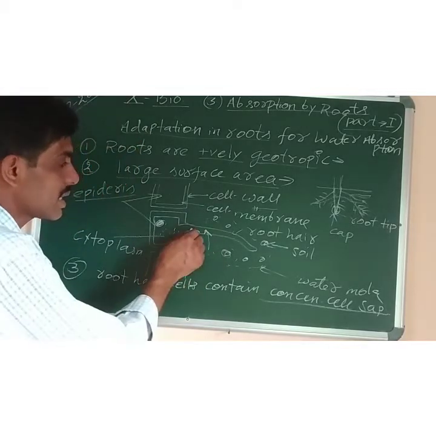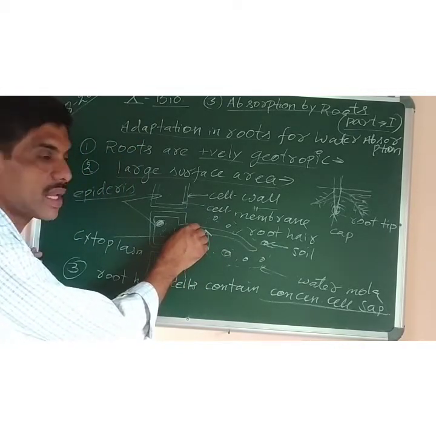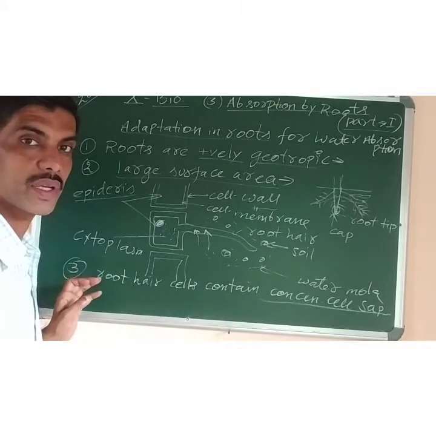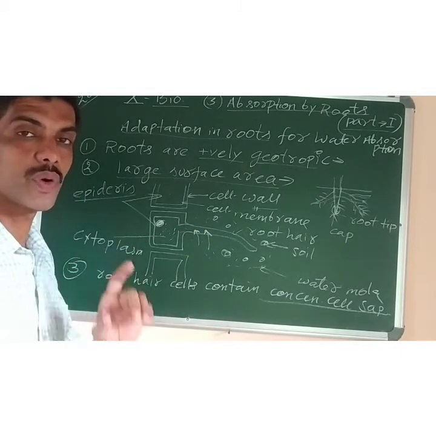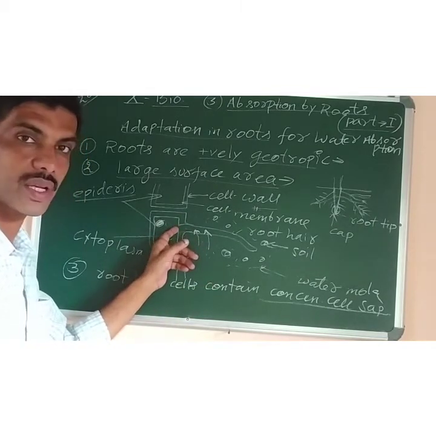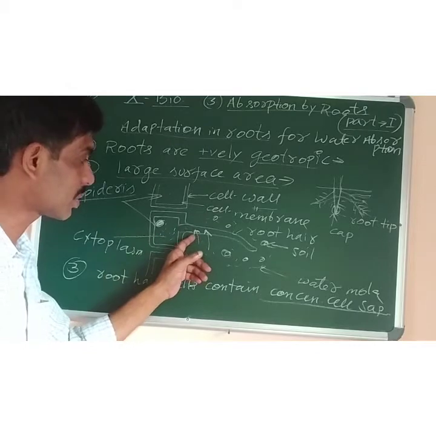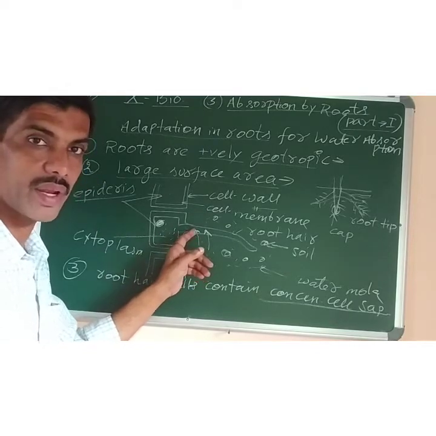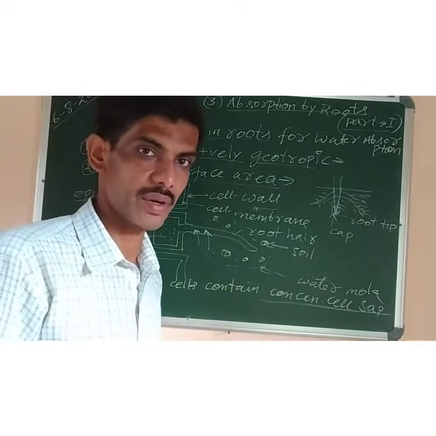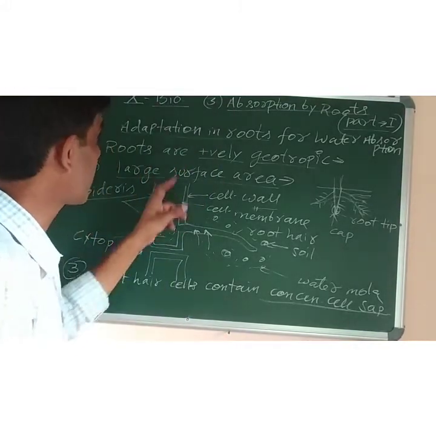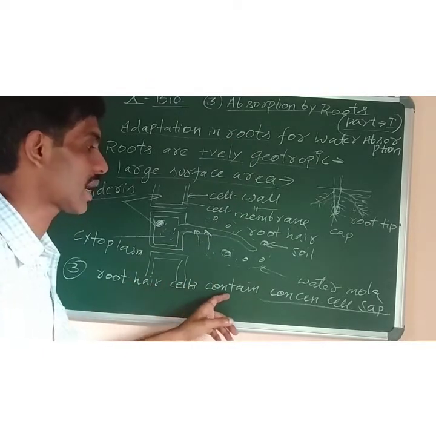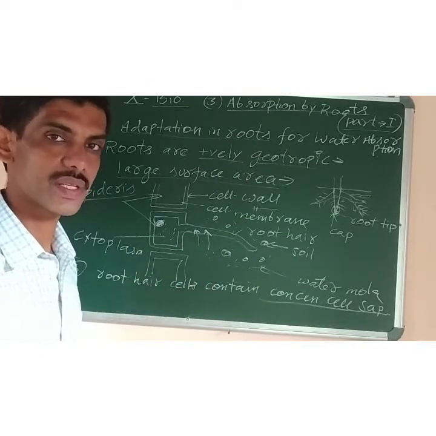But inside the root hair cells there is more solid and less water. So water molecules will move from the area of higher concentration to that of lower concentration by passing through the semi-permeable membrane. That process is known as osmosis, which we will study later. So the third adaptation in roots for absorption of water is that root hair cells contain concentrated cell sap.